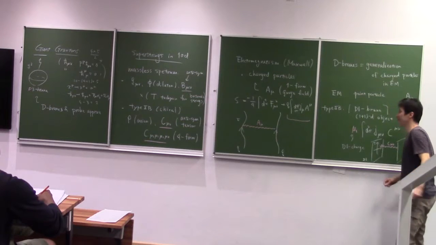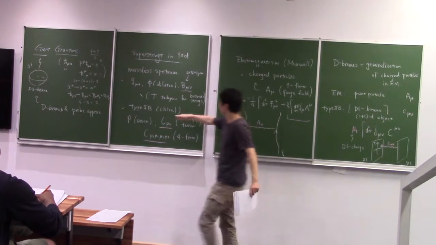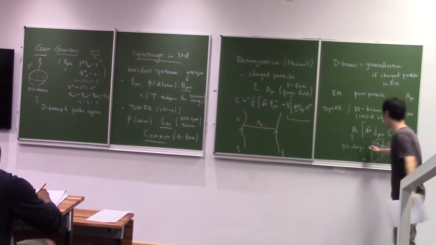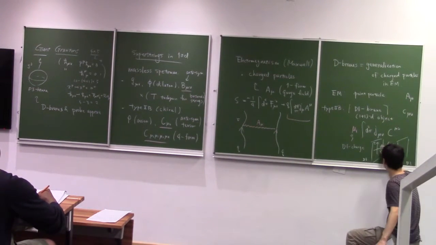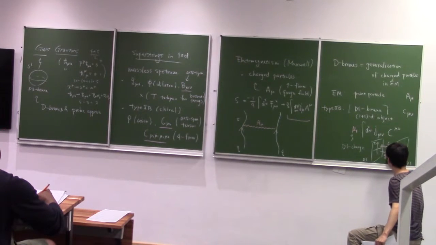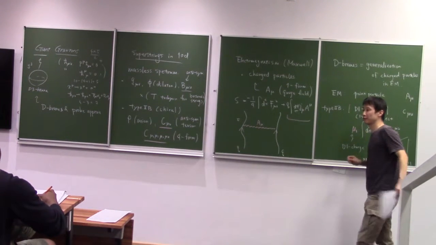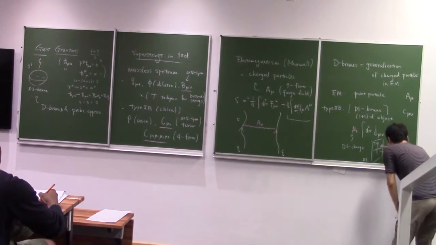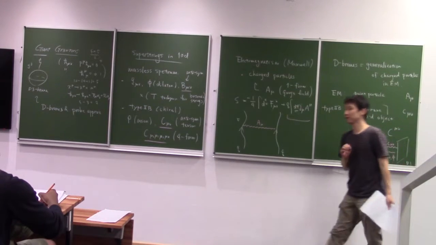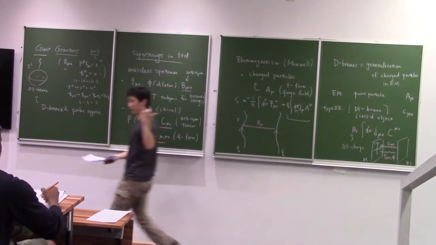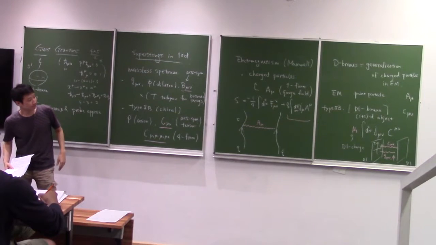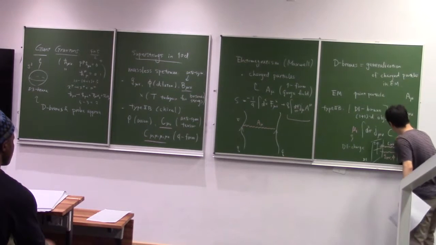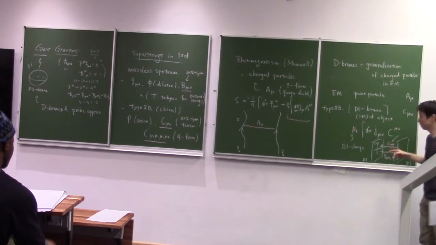And also, because this is a gravitational theory and these have mass, there are also G mu nu. So they are also exchanging gravitons and also dilatons. It couples to dilaton.